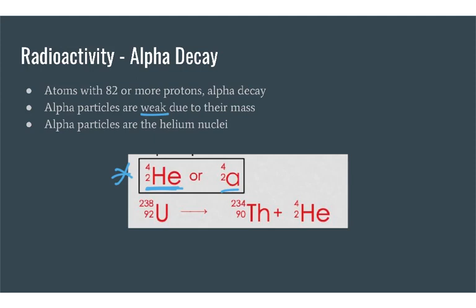So what we see here is an atom of uranium decaying to thallium plus helium, right? If we look at these, we can see that the atomic number, the number on the bottom here, decreased by 2. Which also tells us that our number of protons decreased by 2.